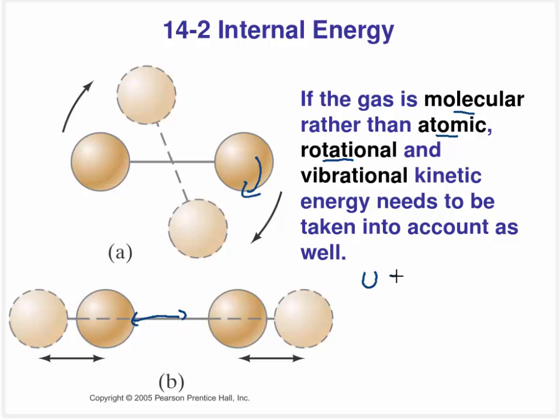So we can write the internal energy of the gas as 5/2 n R T. And again, this is going to be in joules, n is moles, R is the gas constant, and T must be in Kelvin. Essentially this 5/2 says there's not just the energy associated with the kinetic energy, but with this rotation and vibrational energy as well. This is going to be true for diatomic gases.